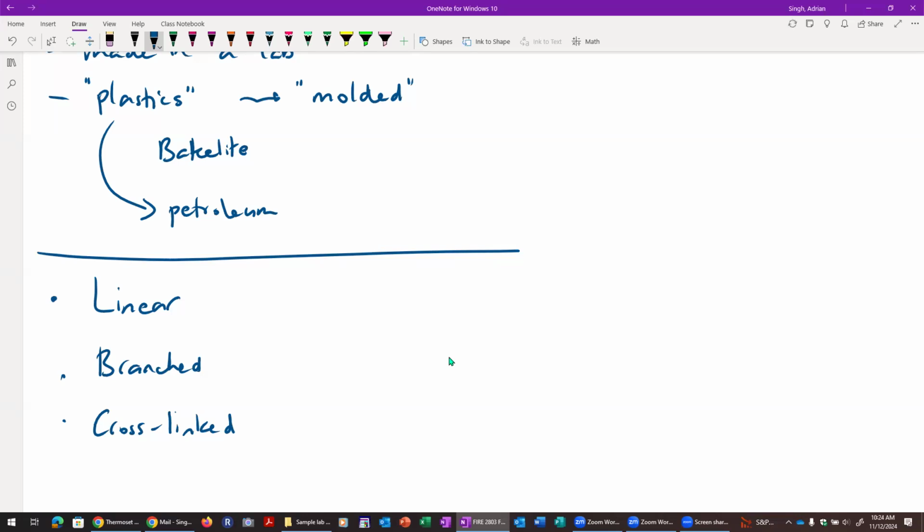So, for example, just as a block diagram of what a linear polymer would be. In a linear polymer, each strand is just a long chain of bonded carbon atoms. Typically, carbon is the backbone for this.